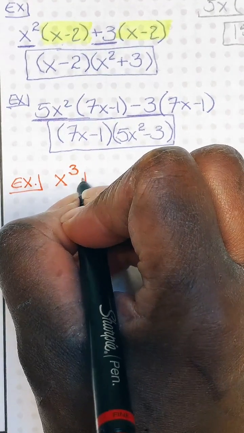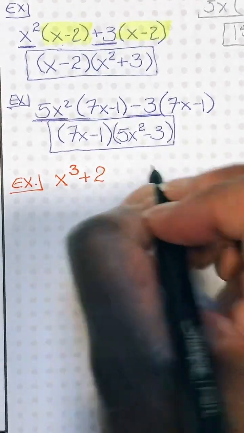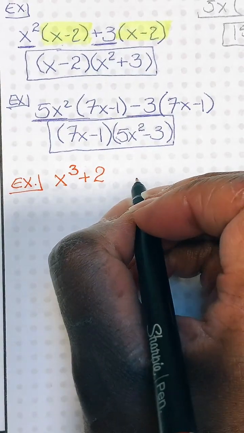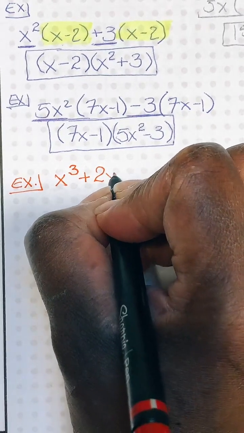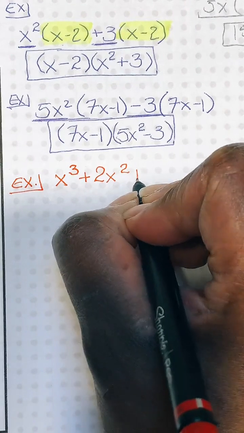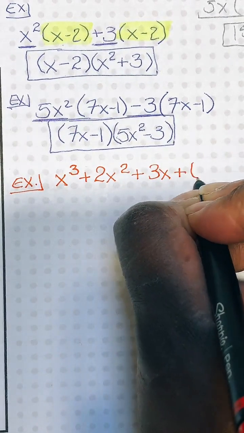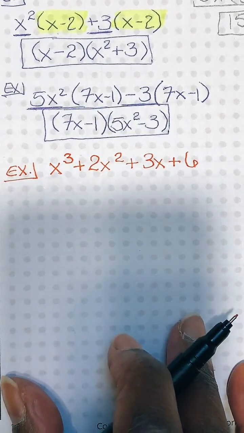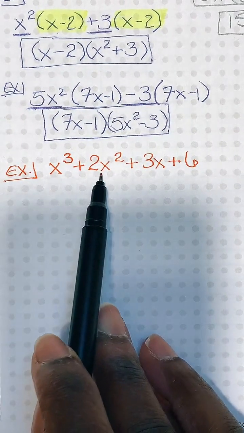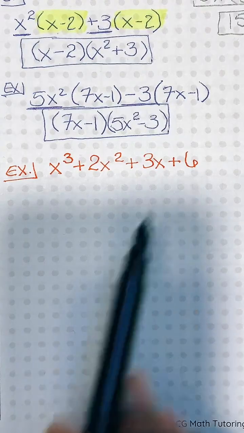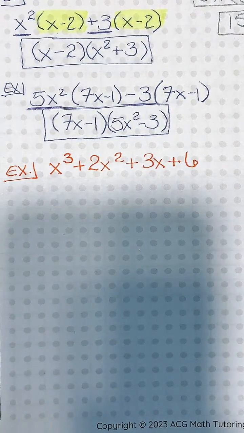So we have x cubed plus 2x squared plus 3x plus 6. All right. So we have 1, 2, 3, 4 terms.